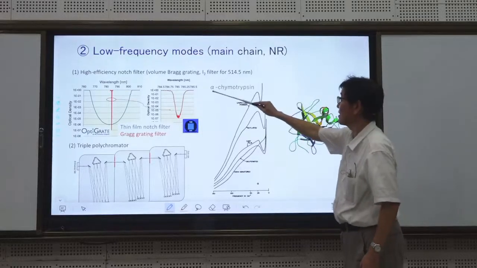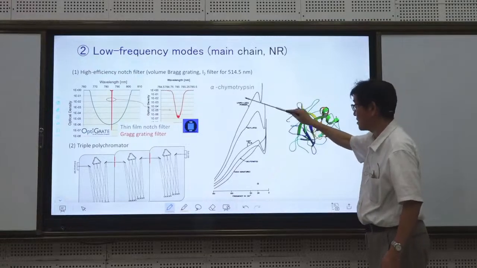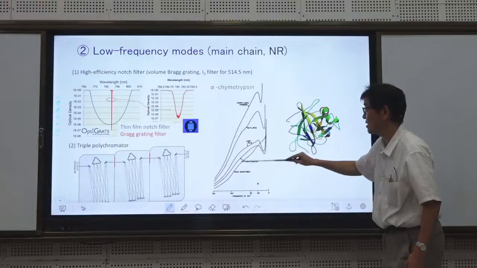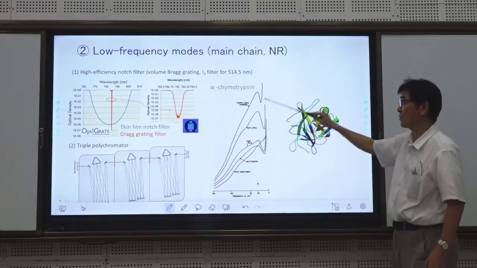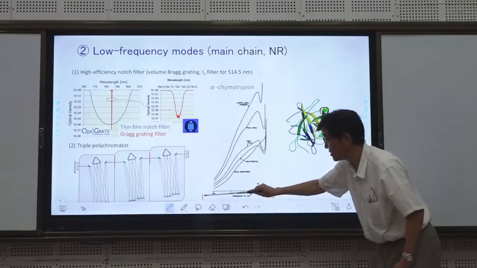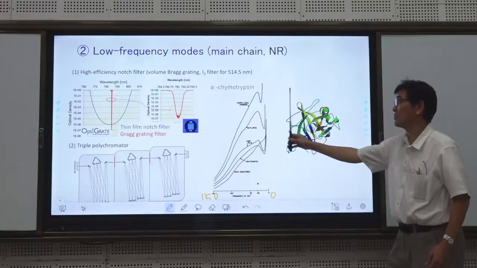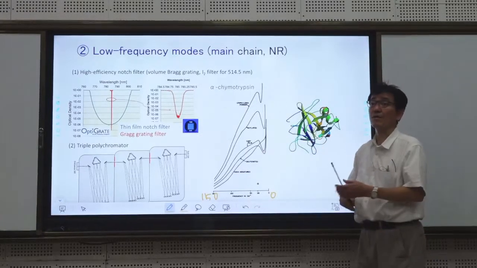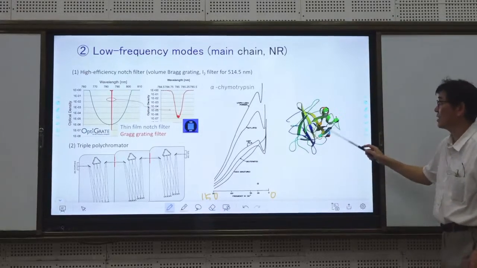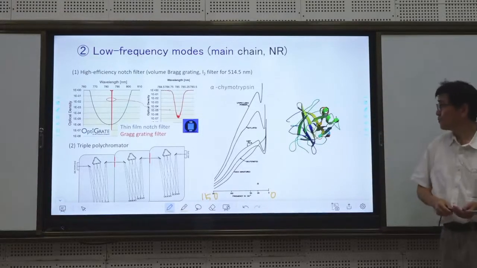And this is an example of alpha chymotrypsin: lyophilized powder, acrylated or just film, or denatured, or SDS denatured, depending on the condition. For the low frequency mode, this is 0 wave number, this is 150 wave number. So we can detect some structural change depending on the experimental condition. This is chymotrypsin, and in principle, a beta-rich structure.